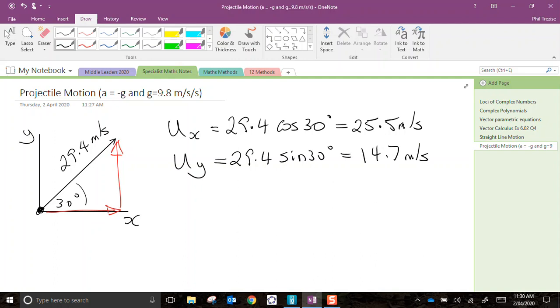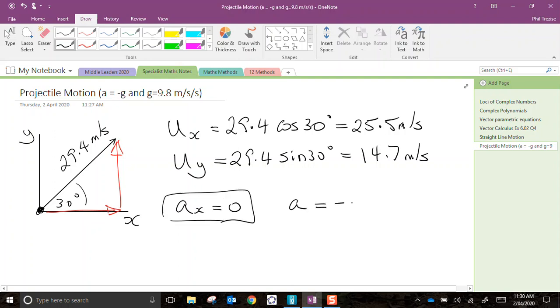Now, the first part of the question asks us to write a vector equation as well as a Cartesian equation for the motion of these things. So let's do the vector equation first. So we're going to make the assumption that the horizontal acceleration is 0, no air resistance there, and that the vertical acceleration equals negative 9.8.